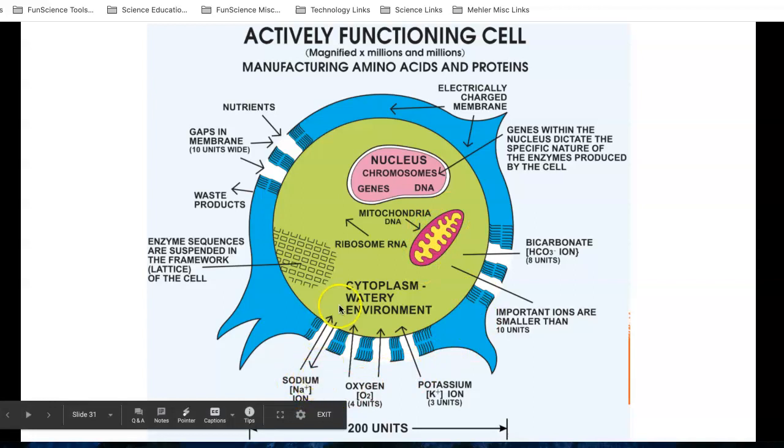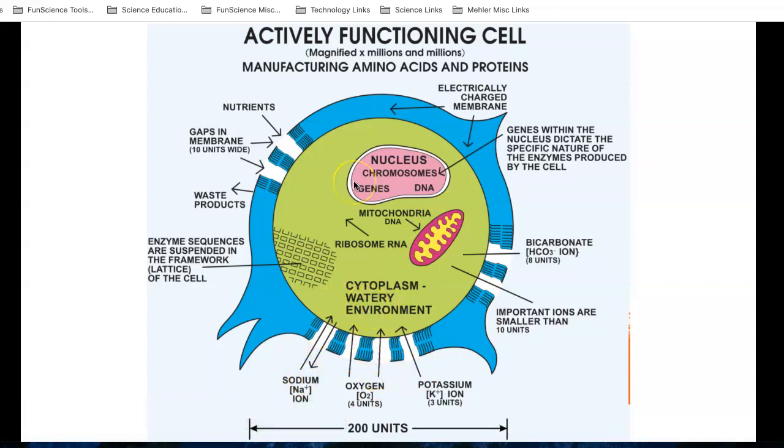Here's our sodium pump moving in and out, oxygen coming into the cell. It's really important that all cells get oxygen. There's basically two things that all cells need. They need oxygen and they need food. They need glucose, energy-rich molecules. And we'll talk about that in the next chapter, in chapter 4.